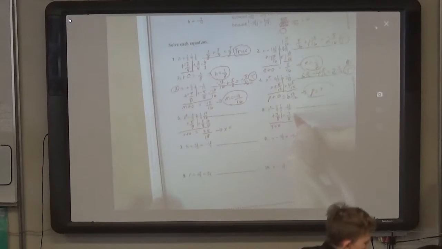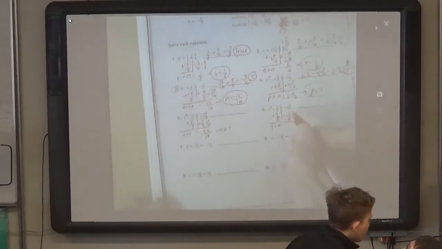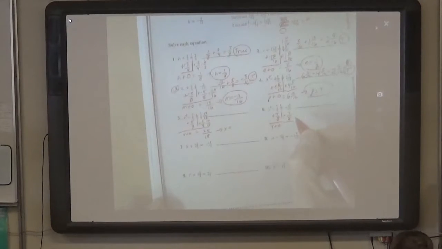Now, we have to convert this to 16ths. 8 and 16 have a common denominator of 16. We have to multiply by 2. Oh, good. We've got 15, take away 14. But this is negative, so it's negative.